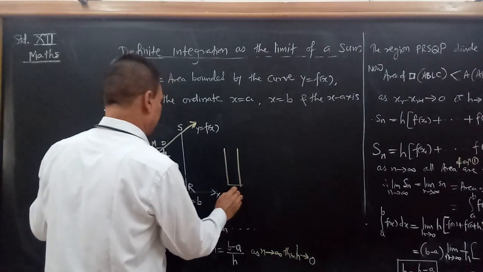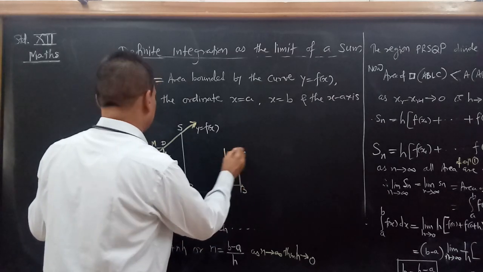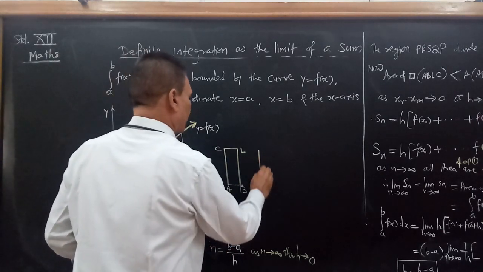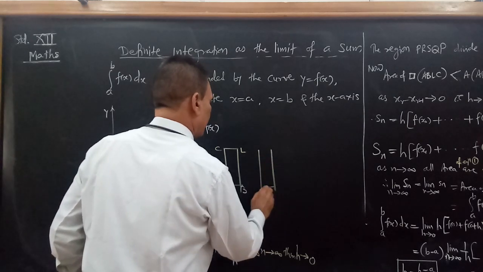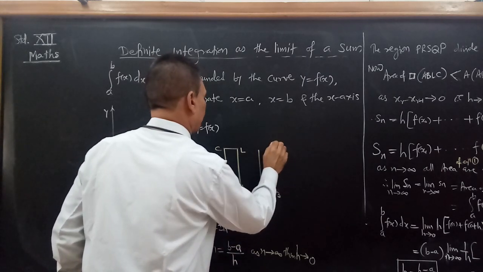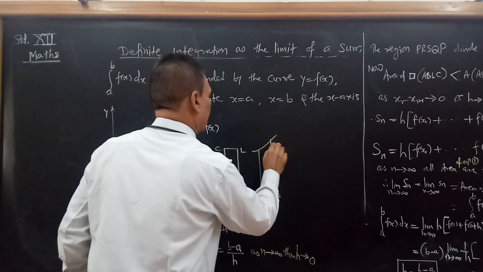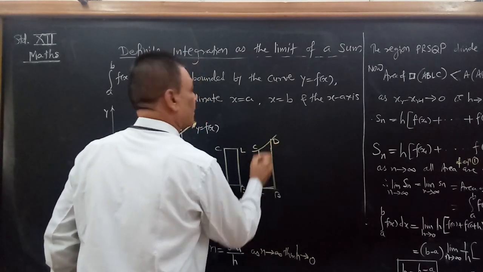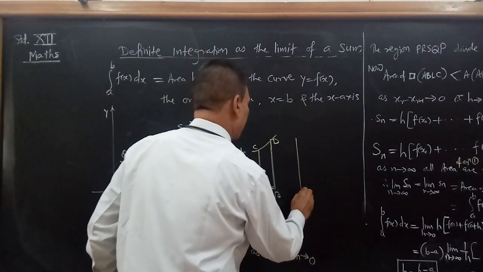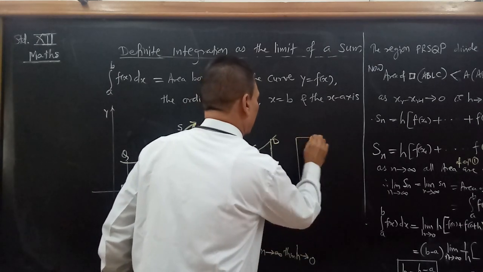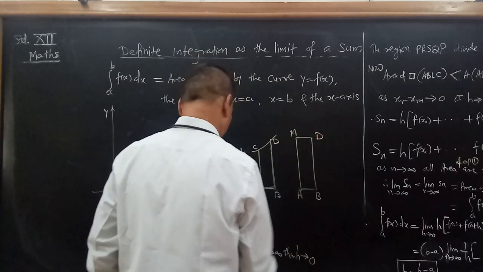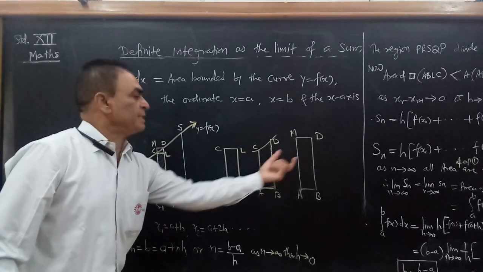Try to understand what I am explaining here: the first area is the rectangle ABLC, then the second area is ABDC, and the third area is ABDMA.